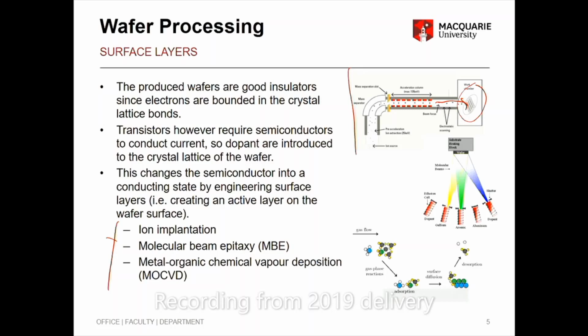Okay, so these are more like the processes of how they do it, and we are pretty much just going off the surface only, right? The third one is metal organic chemical vapor deposition, so MOCVD. They actually do some sort of chemical reaction.